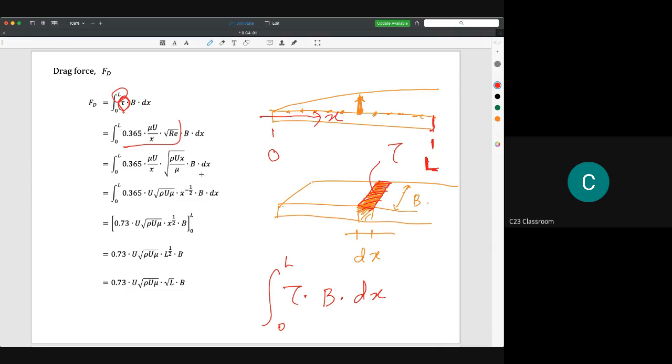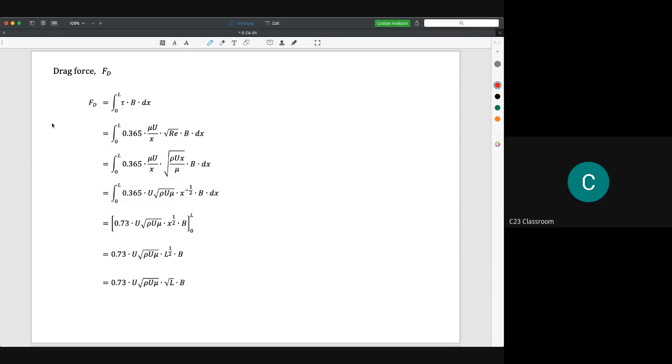One important thing here: please bear in mind that the Reynolds number actually consists of x. We know that Reynolds number is equal to rho V x over mu. Please expand this term, so you have rho u x over mu.